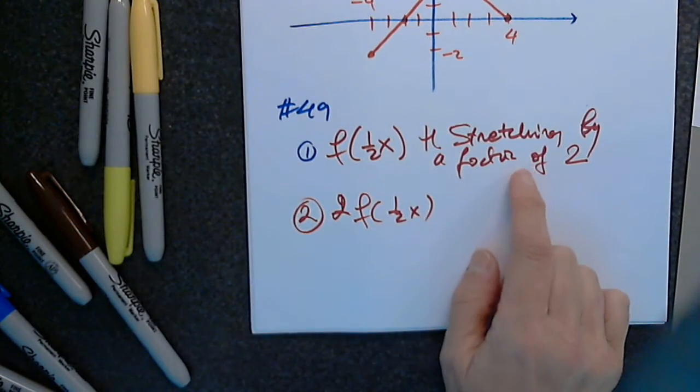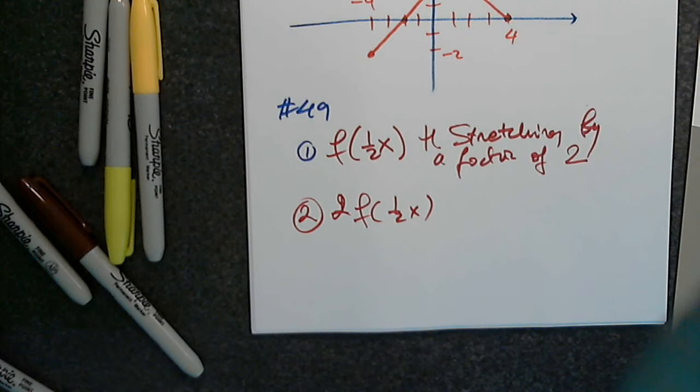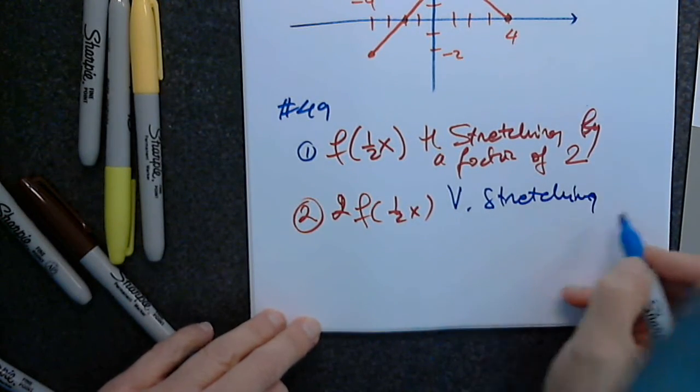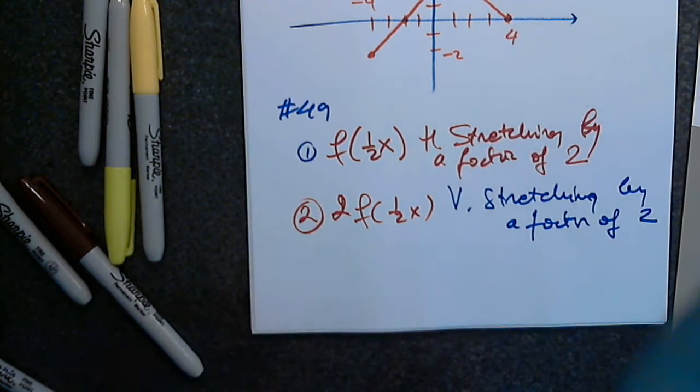So what will I do to this graph to get this? Right? By a factor of 2. Vertical stretching by a factor of 2.